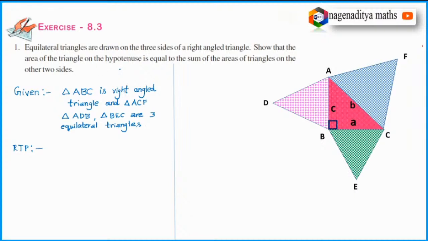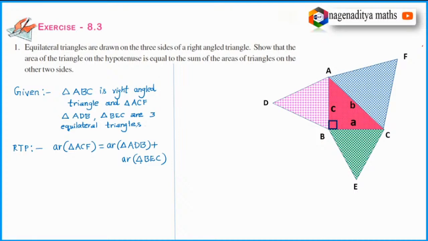Okay, so we have to prove area of triangle ACF is equal to area of triangle ADB plus area of triangle BEC. So this is what we have to prove in this problem.